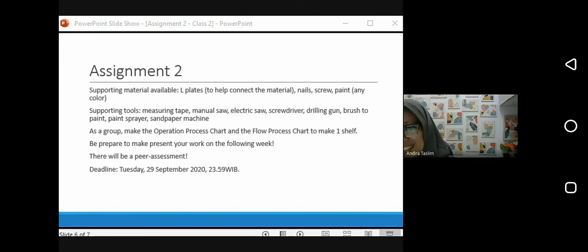OPC is very important. Production people can get furious when they see a wrong OPC. So it is a big mystery for you because you never made it, right? Now try to conduct the OPC, and after that your eyes will be open. Oh, no wonder the OPC can be like that. So OPC is a common tool. All of the people on the production floor should understand the OPC. So we don't have to say much, we just give them the OPC and they can run. You don't have to explain. I say okay, you are right. They ask, why am I going back and forth, why this first and then that first?